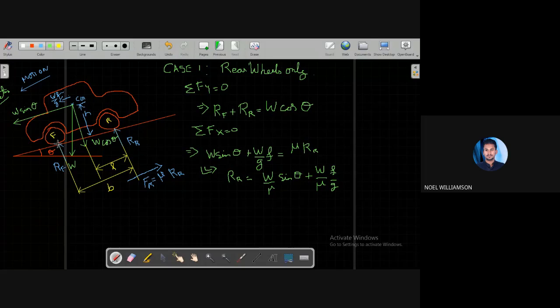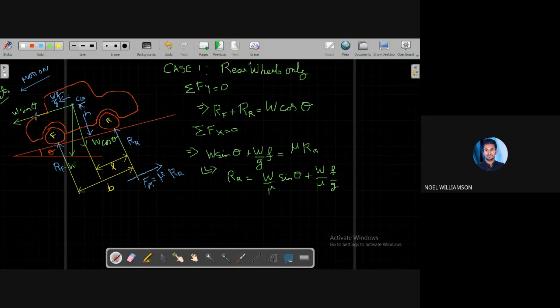In the second case, where the brake is applied at the front portion only, we will take the moment in a similar manner. At present we are taking moment about this particular point. The reaction RF is passing through this point, so there will be no moment for that.